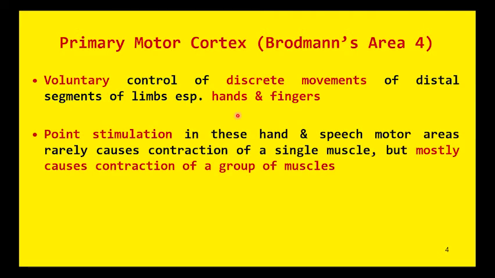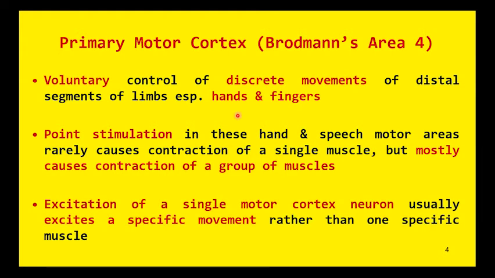One thing to remember is that point stimulation in these areas will cause contraction of a group of muscles rather than a single muscle contraction. This means excitation of a single motor cortex neuron usually excites a specific movement rather than one specific muscle.